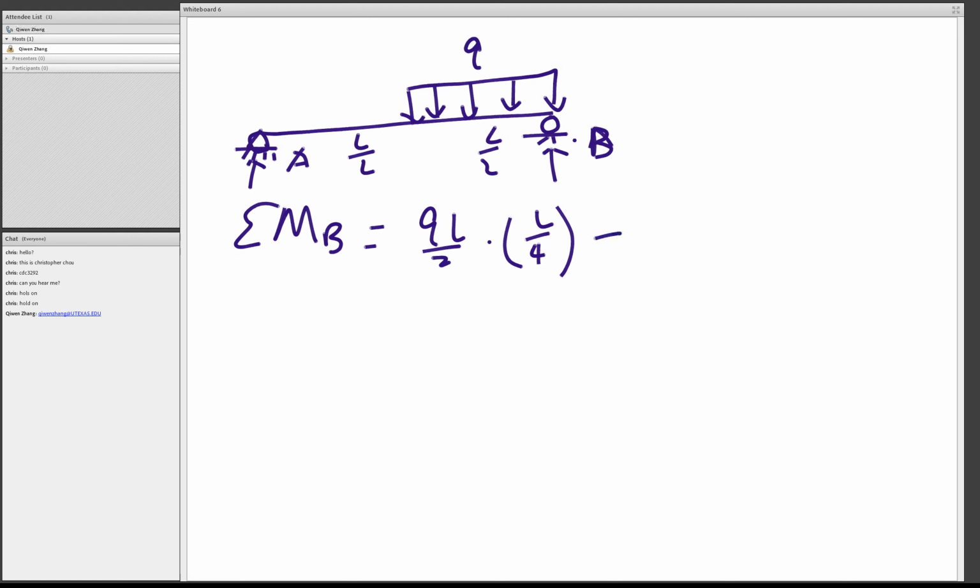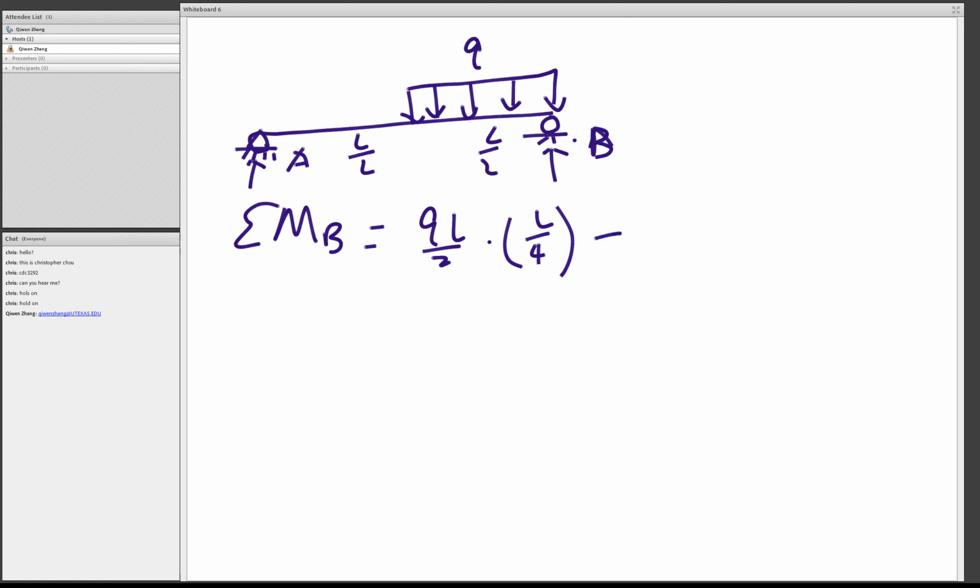We know that it starts at RA, right? I'm just going to normalize the axis by dividing by QL. So this is RA. It is constant across until it meets a distributed force Q.